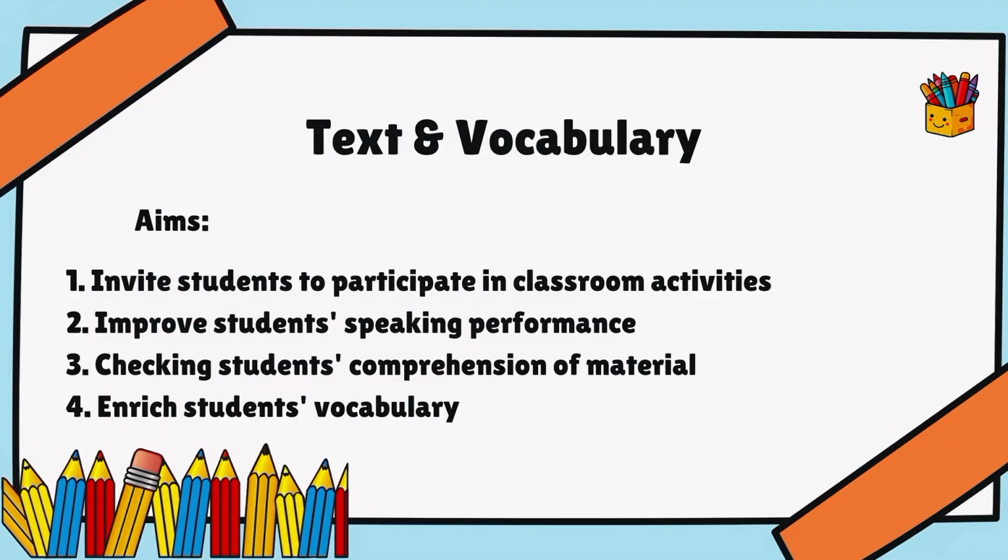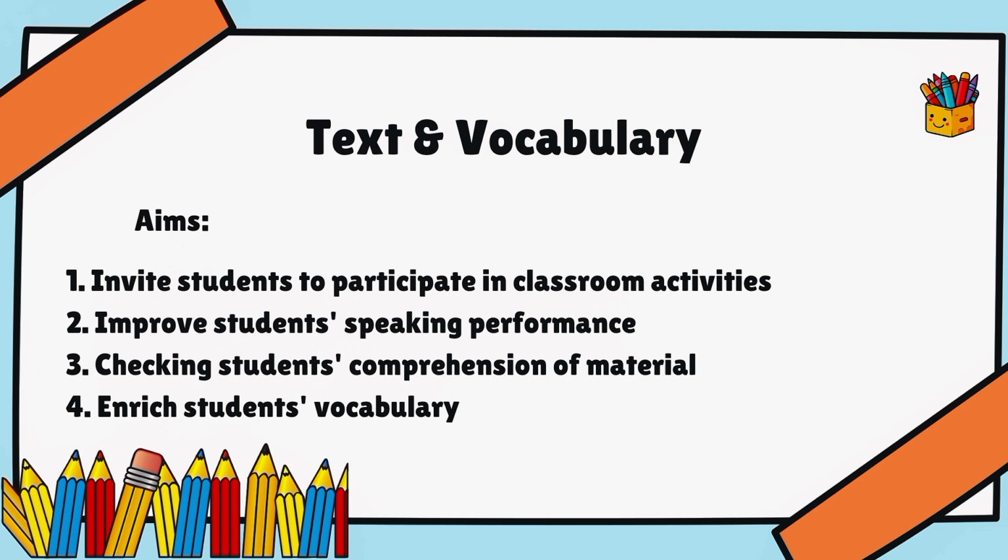All right. So we actually have four aims in this activity. The first aim is that we want the students to engage in the classroom activity by asking them to read aloud. We also might ask them to repeat some words that might be misspoken by the students.